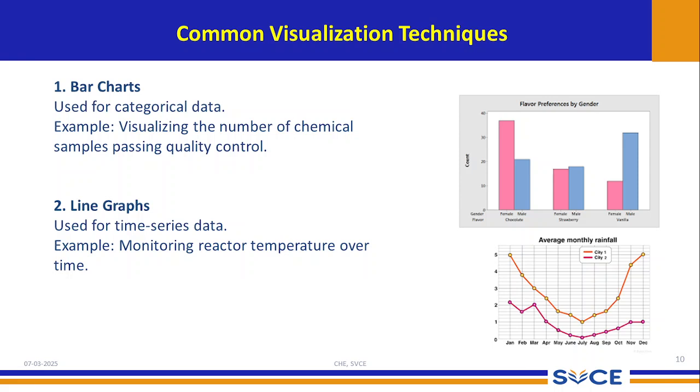Here the graph is not similar, but I would like to show the trend, how the bar chart and the line graphs look. Line graphs are used for time series data, such as tracking reactor temperature over time.